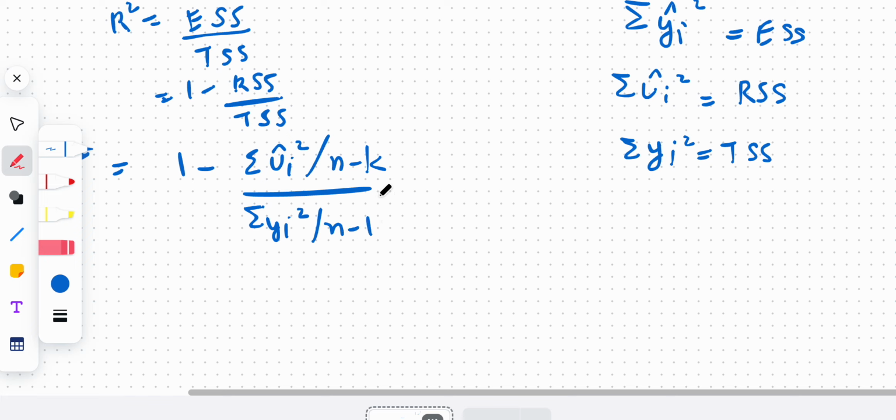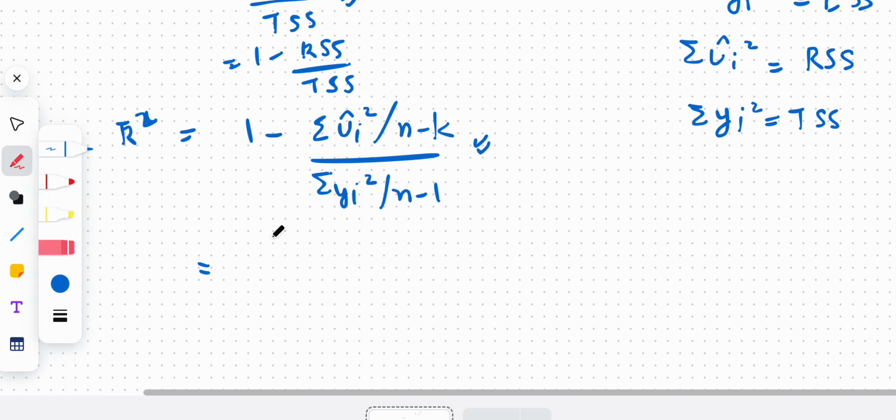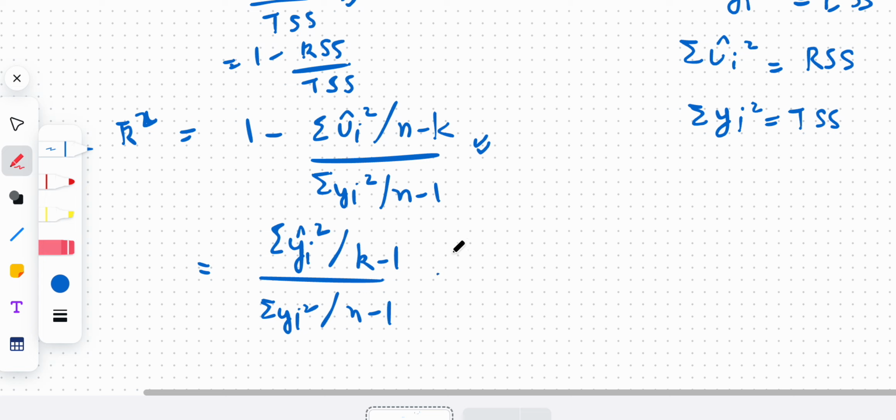So this was my basic idea of this, right? In this case, what will my adjusted degrees of freedom look like? Summation yi cap whole square upon summation yi square. This would be k minus 1, and this would be n minus 1. Yes, right. So this is my adjusted R square.